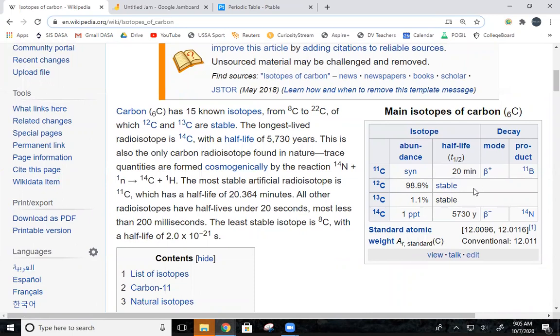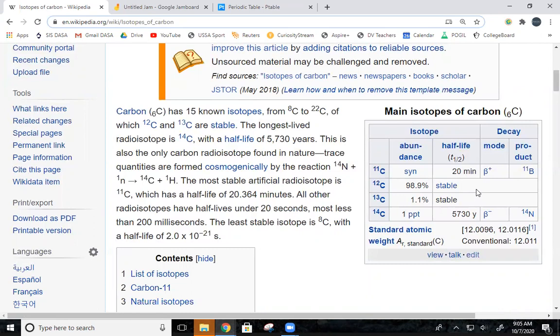Carbon really only has two common isotopes. So how are we going to do this? We times 12 by 0.989, and add that to 13 times 0.011. Yep.